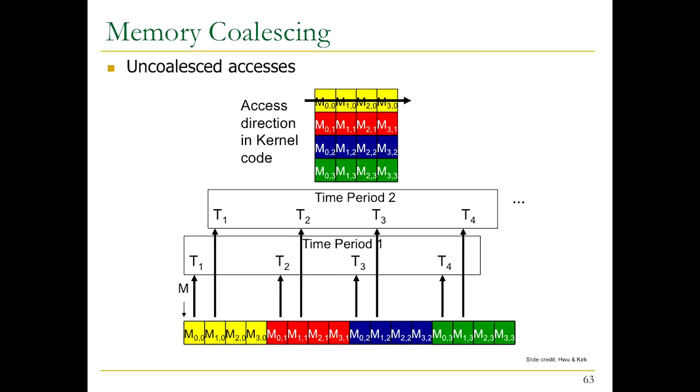And there might be a huge stride between them. Probably they will belong to different cache lines. So the problem here is that in this particular example, we will need 4 memory accesses to get all the data that the 4 threads need in each particular iteration. Okay?